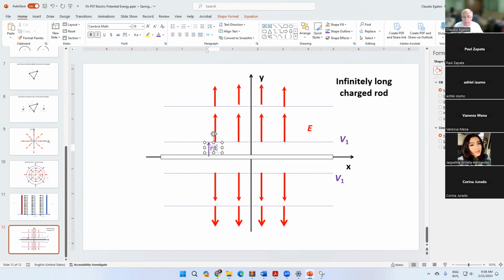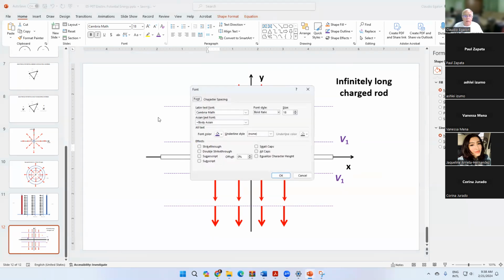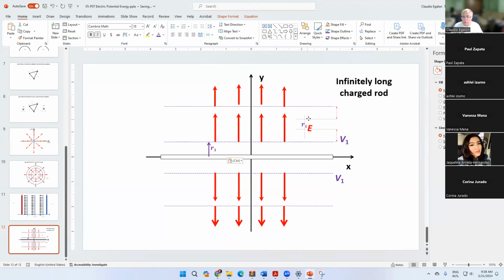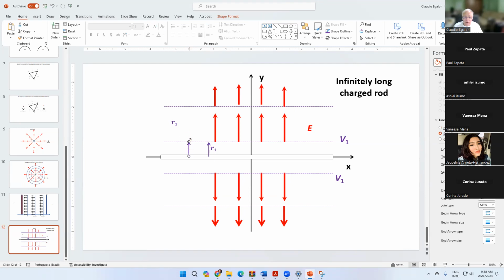R1. Radius 1 from the center of the rod, okay? And then we're going to have an R2 for this other surface from the center of the rod as well.